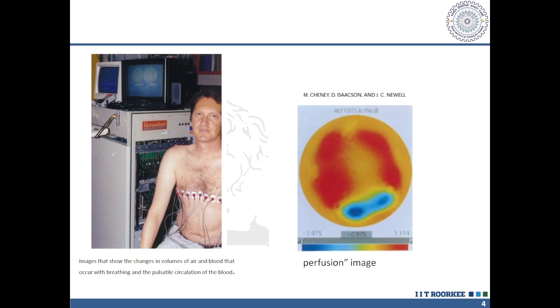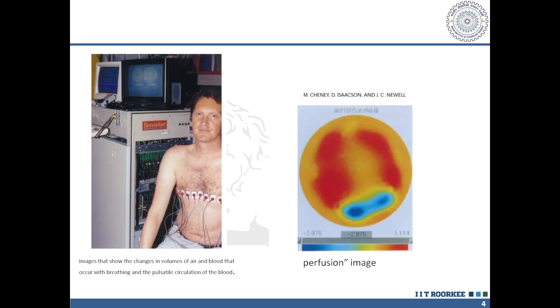When the ventricles in the heart are contracting, the admittivity of the heart will decrease. At the same time, the admittivity in the lungs will increase because all the blood is going into the lungs.